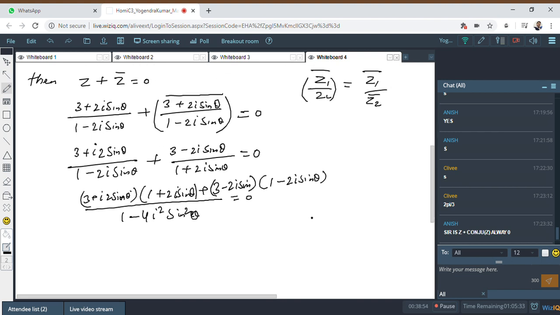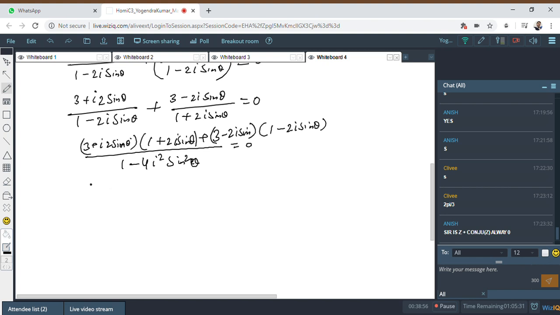Anish, any doubt? Okay, good. 3, then I'm writing first. I think the imaginary part will become 0 here. 2i sin theta, and then here 6i sin theta.